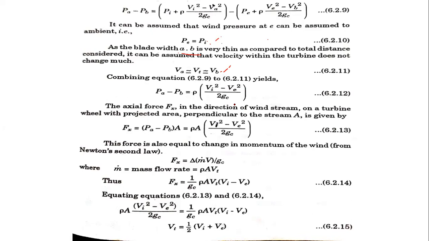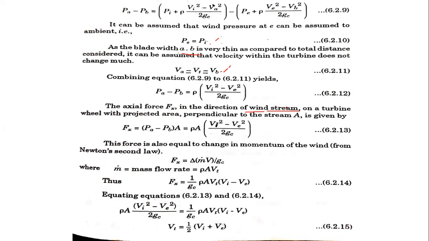We are taking the horizontal axis propeller type, so the axial force will be called Fx. This is the axial force in the direction of the wind stream on the turbine wheel, with the projected area A perpendicular to the stream.